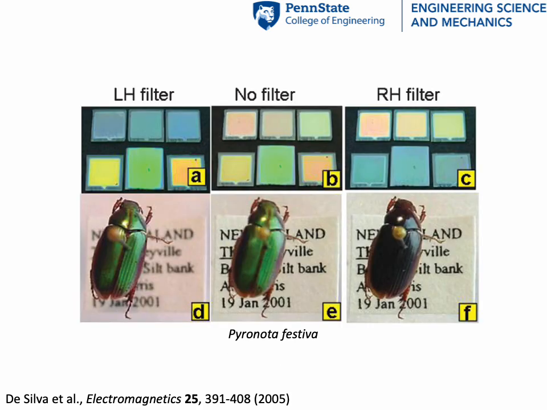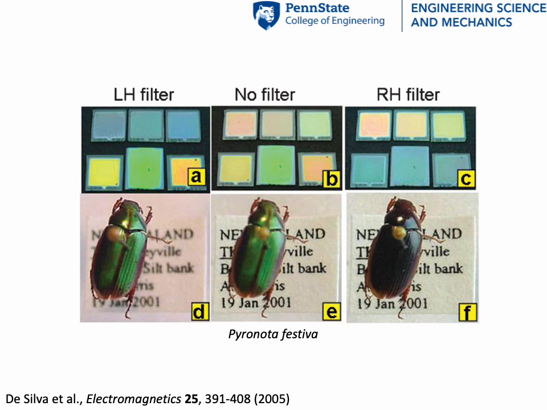The beetle exhibits circular polarization state selective reflection. It reflects left circularly polarized green light, but it does not reflect right circularly polarized green light. This beetle appears colored, usually green, when illuminated with either left circularly polarized light or unpolarized light.